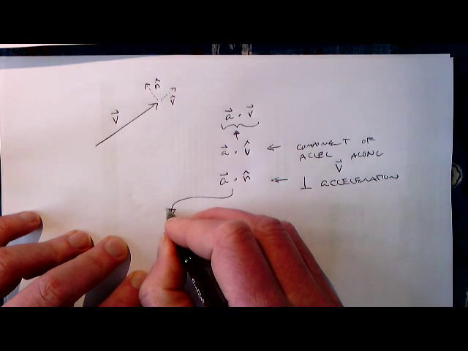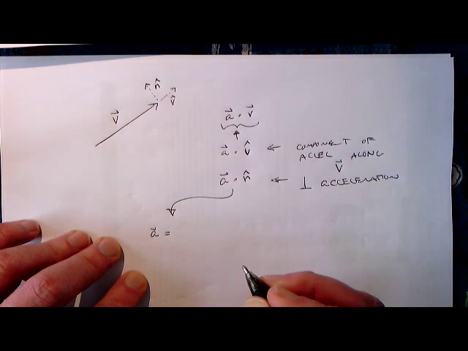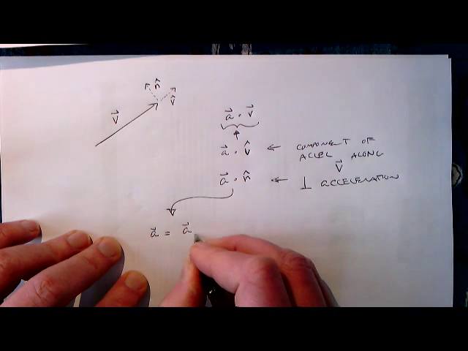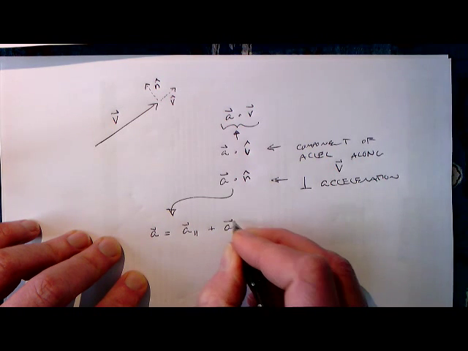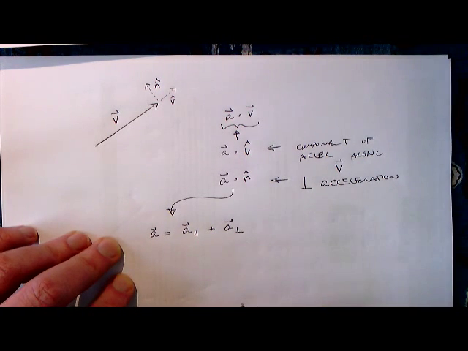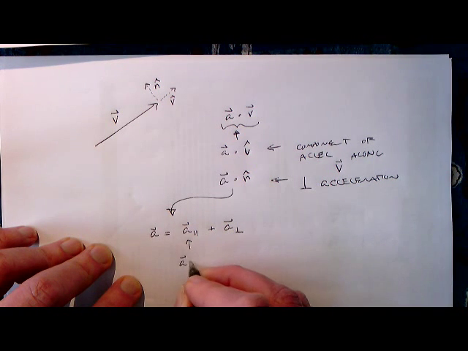Notice that another way to write a dot n hat is to say the acceleration must be equal to however much acceleration is parallel to the velocity, plus however much acceleration is perpendicular to the velocity. So this part is simply a dot v hat.